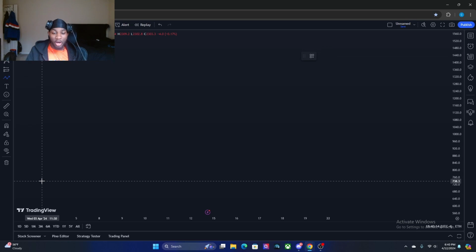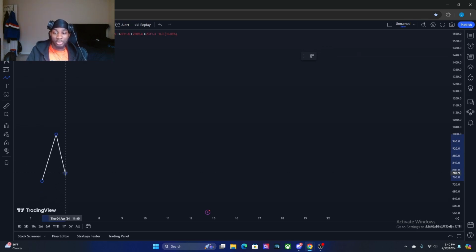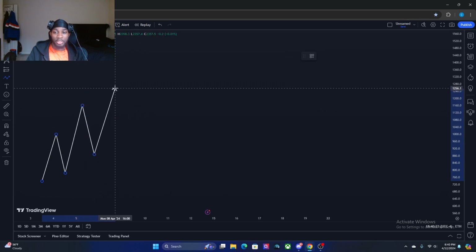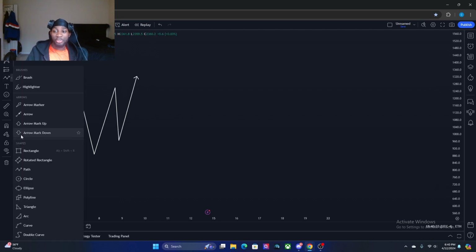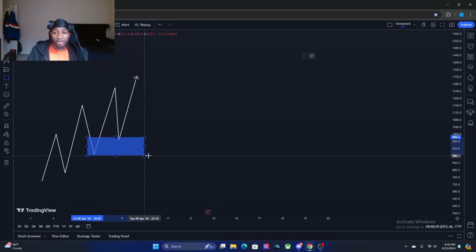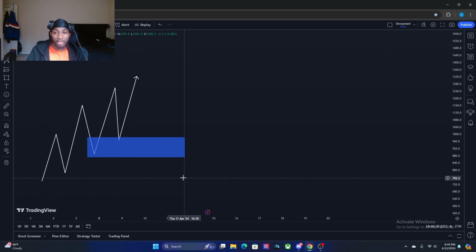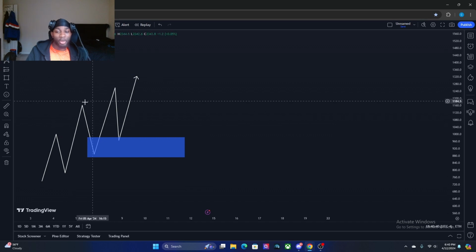When we're in an uptrend, we have highs, lows, highs, lows, highs, lows, and highs. That is an uptrend. When we're in an uptrend, we look for demand zones. Your demand zones are going to be in areas like this, and we're going to talk about that in a second.